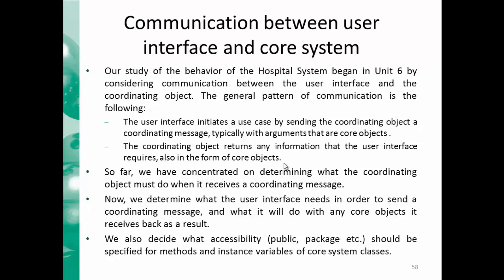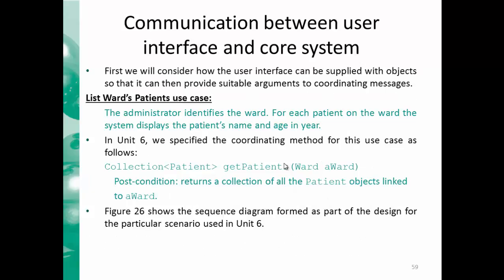Here we will determine what the user interface needs to do in order to communicate with the coordinating object, and what it will do with any core object received as a result from the call. On the other hand, we'll also talk about some of the accessibilities and using them in the implementation phase.